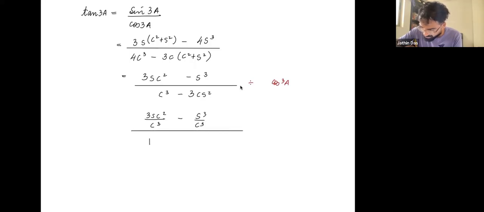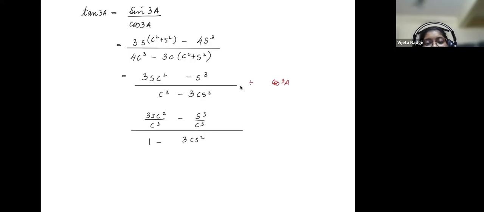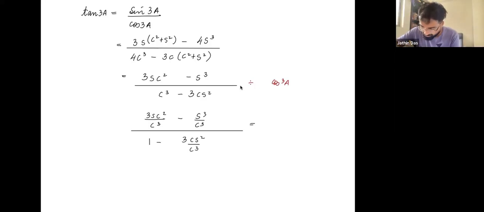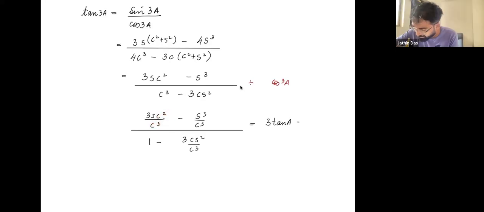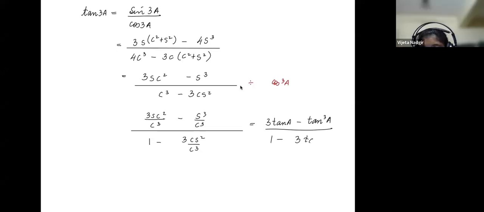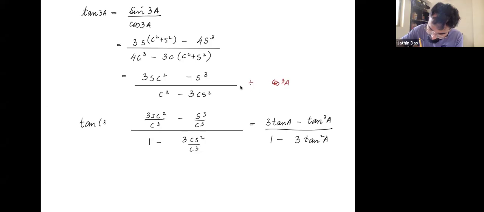I don't have to show you, no? So what will be this? This tan will cut, minus tan cube. Yeah. So you'll get 3 tan A minus tan cube A by 1 minus 3 tan square A. This is tan 3A.